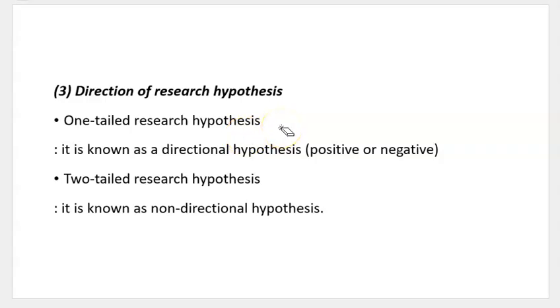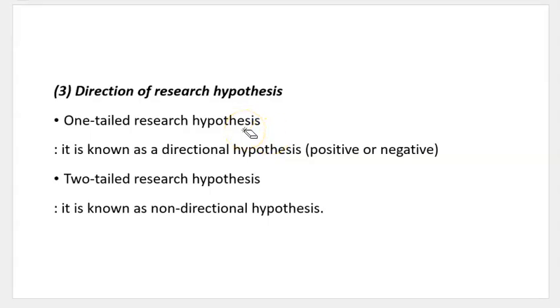But if females have higher self-esteem than men, then you have to reject your alternative hypothesis and accept your null hypothesis, because your research hypothesis in the beginning said the male has higher than the female. So the result shows that there is a reverse.